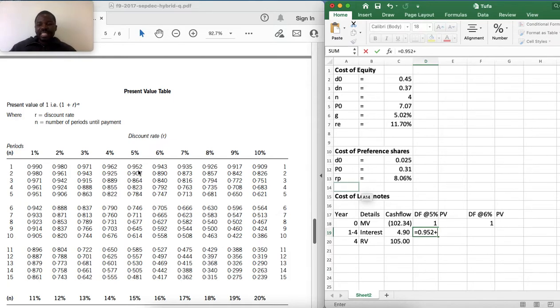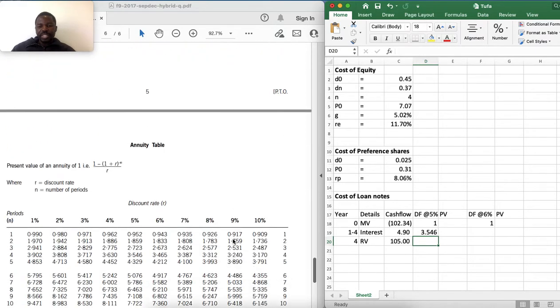We add the discount rate for year 2, 0.907. We add the discount rate for year 3, which is 0.864. We add the discount rate for year 4, which is 0.823. When we add them together, we get that figure. So this figure is an annuity factor, 5%, 4 years.